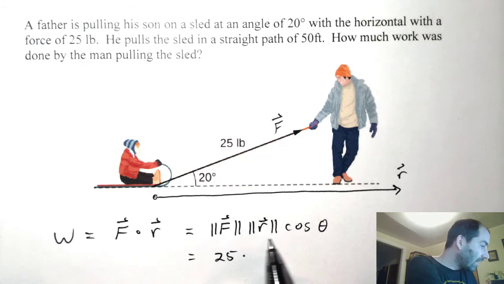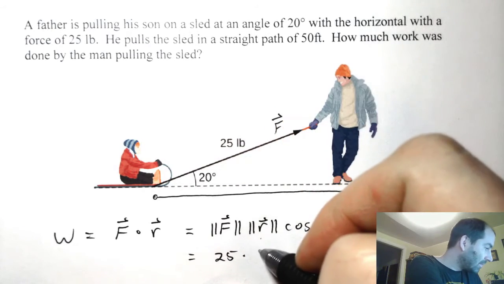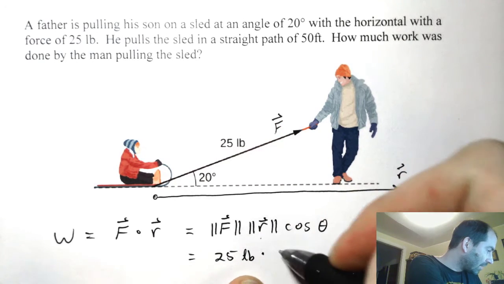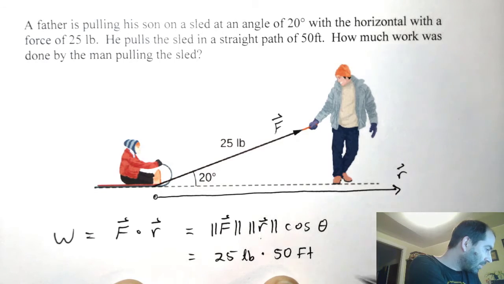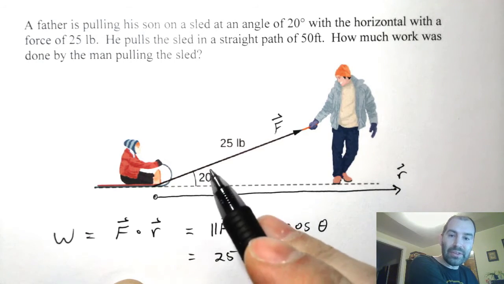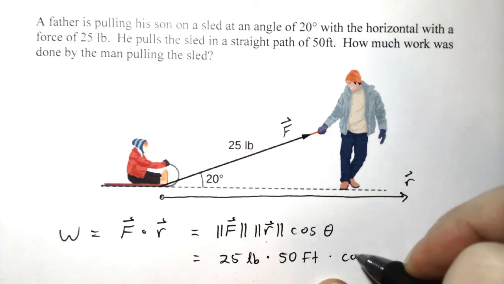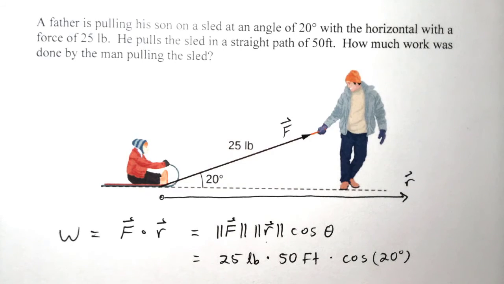They gave us the magnitude of the displacement. It's 50 feet. And they gave us the angle. That's theta. Cosine of 20 degrees. And so that's what we'll need to do to compute this.